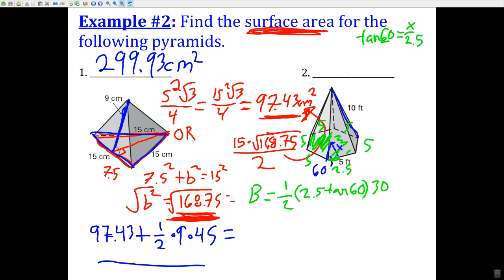So if you're writing that final formula for the surface area, and I'll use black, I'm going to have 1/2. I'm going to rewrite this. This is the base.